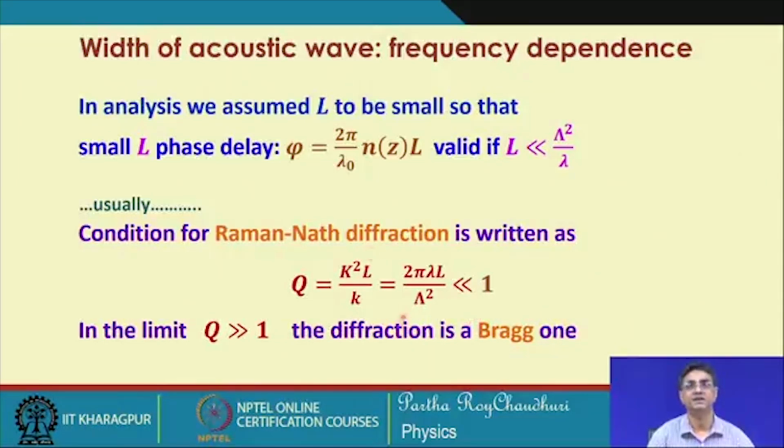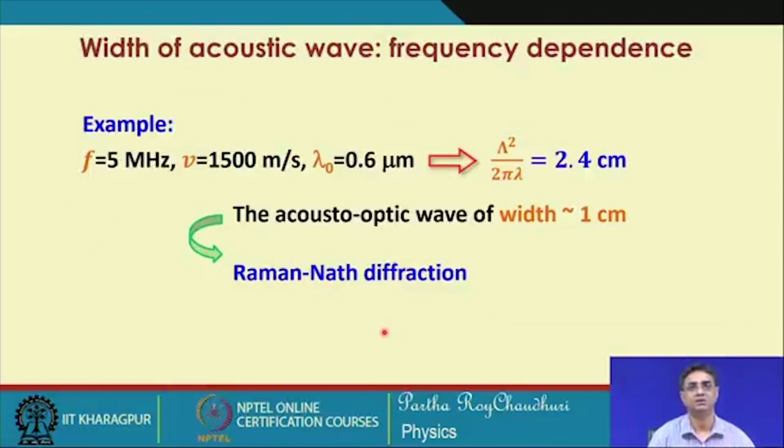We will study this case in detail, how this Bragg diffraction takes place with the possibilities of various coupling from the incident wave or the 0th order wave to the coupled wave in the form of diffracted wave. We will consider that situation.